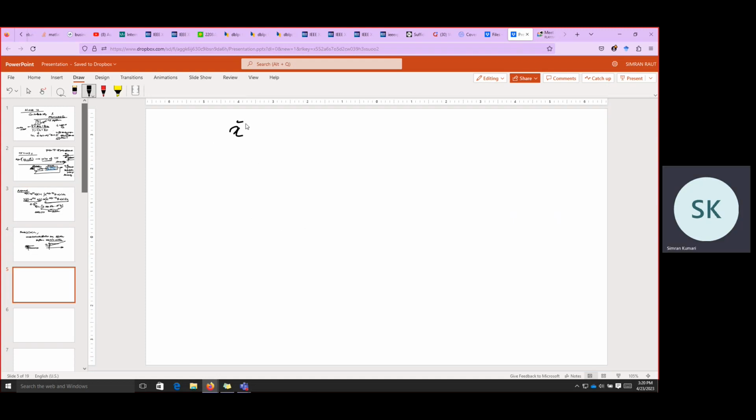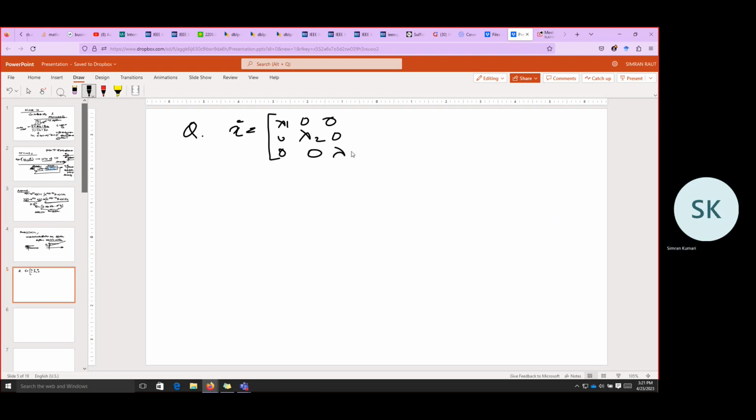Suppose this is one system, x dot equal to the diagonal matrix with lambda 1, lambda 2, lambda 3, times x, plus the input matrix with entries b1, b2, b3, times u.